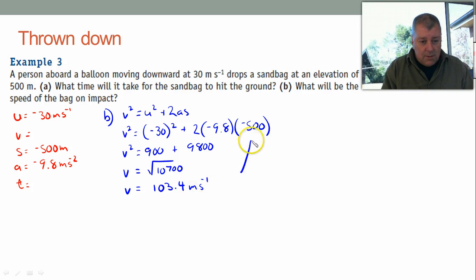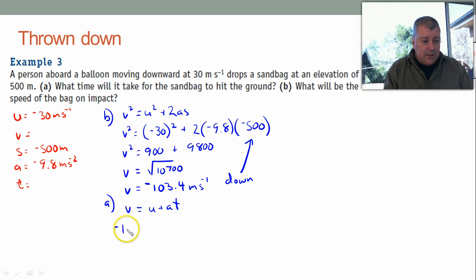But because we've gone down, that would be a negative. Now we can work out a by using v equals u plus at. Minus 103.4 equals minus 30 plus minus 9.8 t.